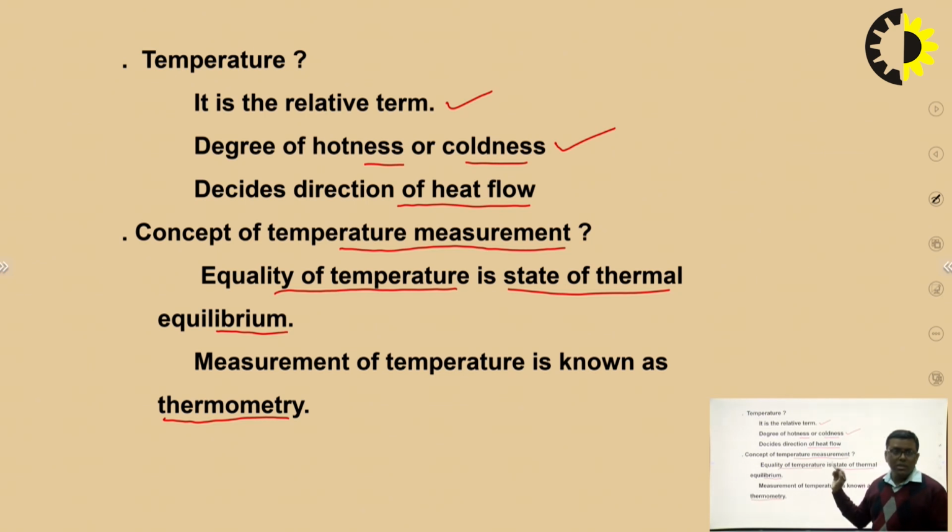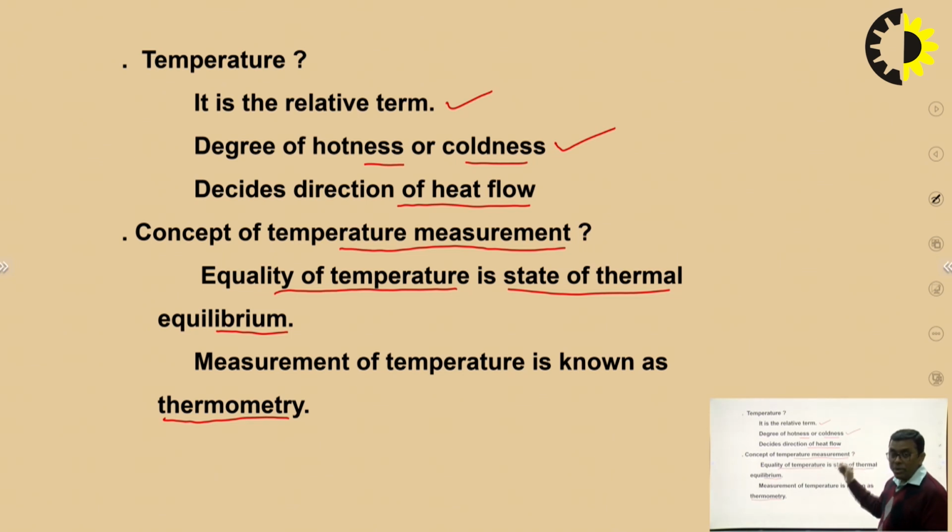I am not going into the detail of this because these are fundamentals known to us. But thermometry involves which property is the basic concept behind the measurement, in which scale we measure, and how the calibration will be done.